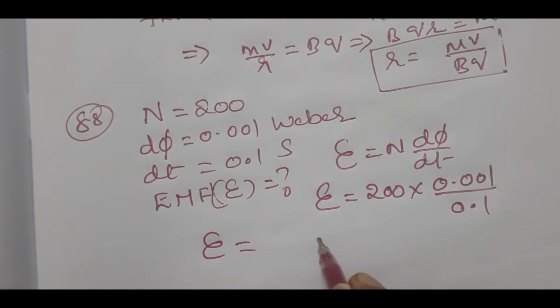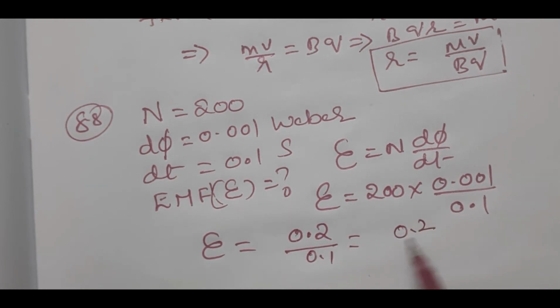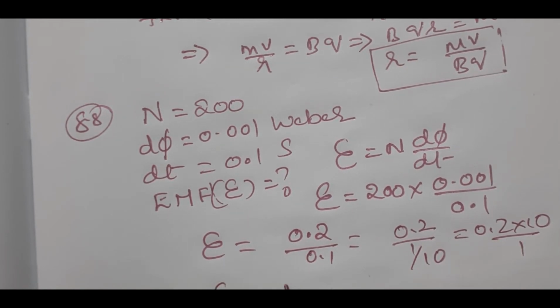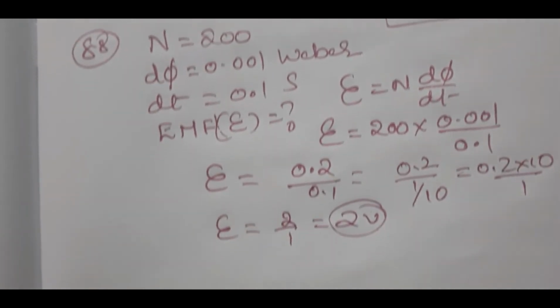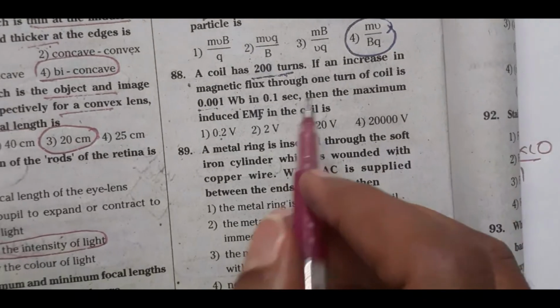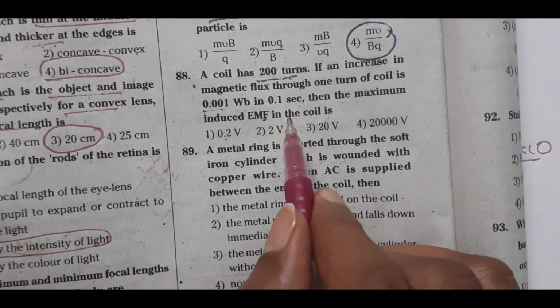Multiplying gives 0.2 by 0.1, so 0.2 into 10 by 1, then epsilon equals 2 by 1, that is 2 volts. So the option for 88 is 2 volts.